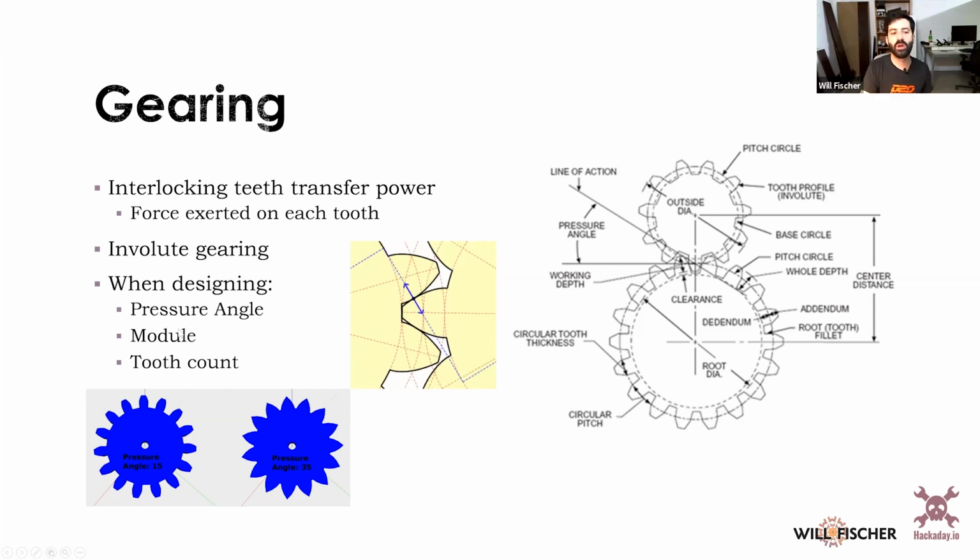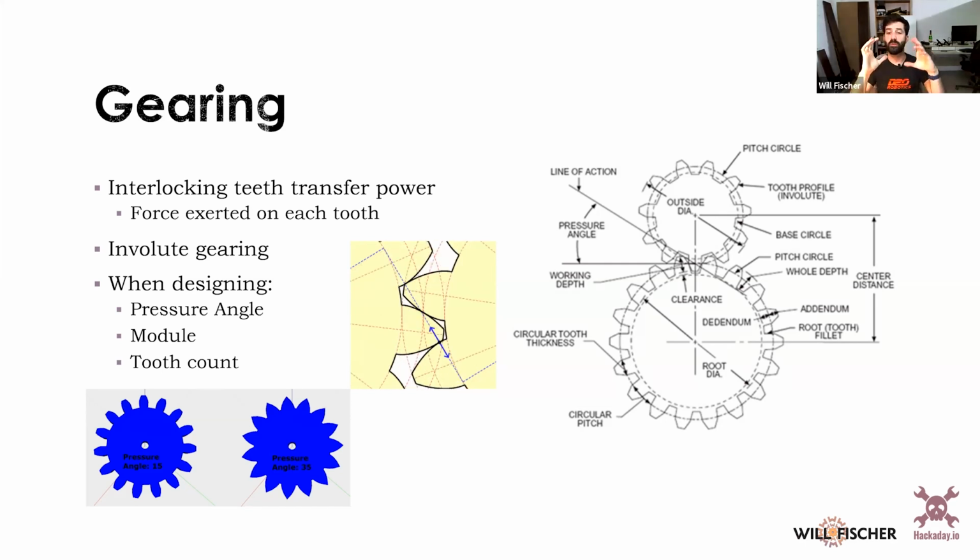Module is commonly used for gear size, and that is represented in millimeters or inches. You would choose, say, a module 1 gear in millimeters, and then your manufacturer will know the size of the gear based on the total number of teeth.